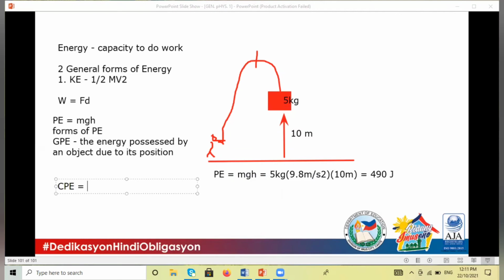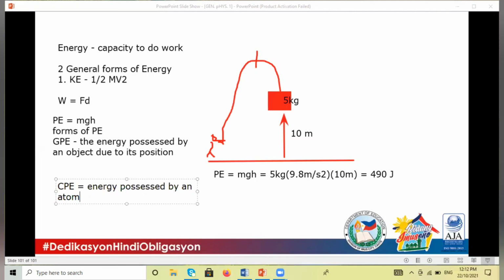This chemical potential energy is energy possessed by an atom or molecules of a substance which is released or changed into other form.